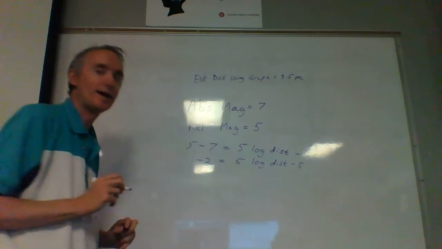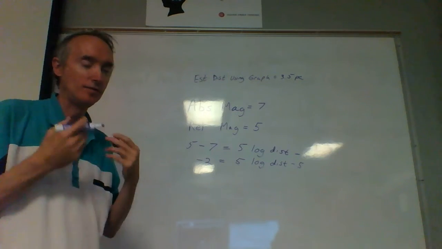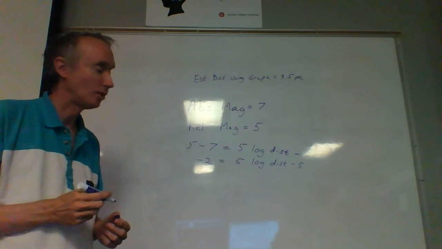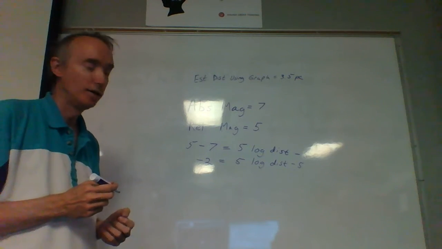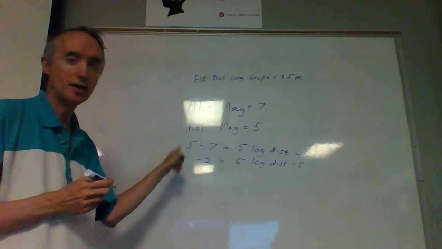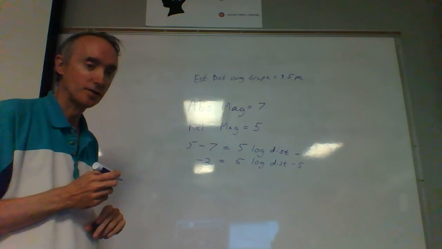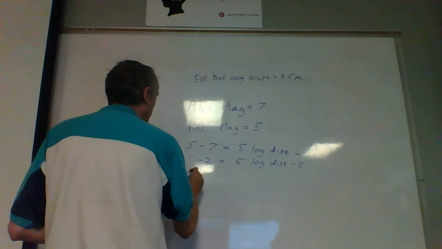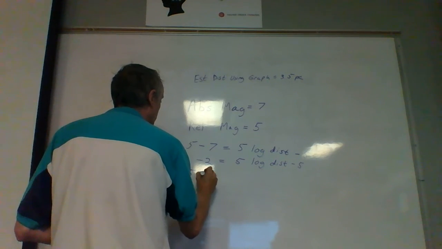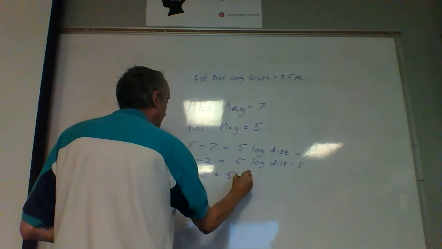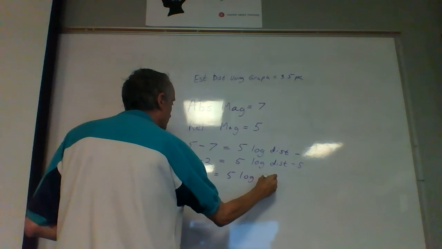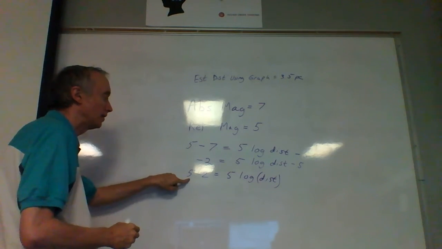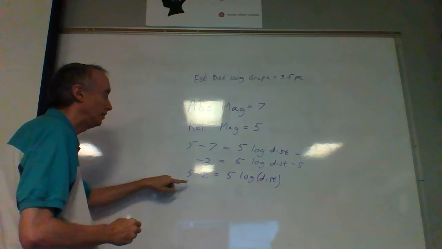Okay, what do I need to do next? Eventually I want to say distance equals something. So what do I need to get rid of? I need to take the negative 5 over to the other side of the equation, so the negative 5 becomes a positive 5. So I'm going to have 5 minus 2 equals 5 logarithm of the distance, and then 5 minus 2 is going to be 3.